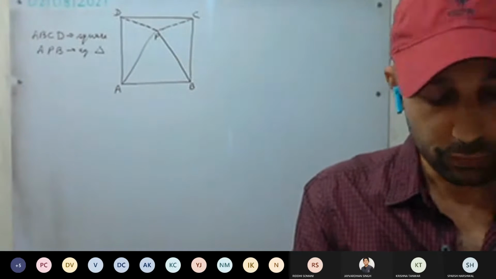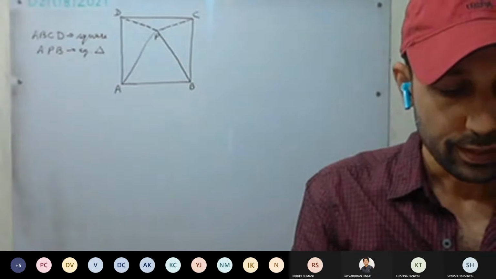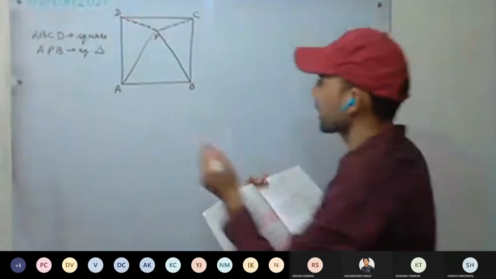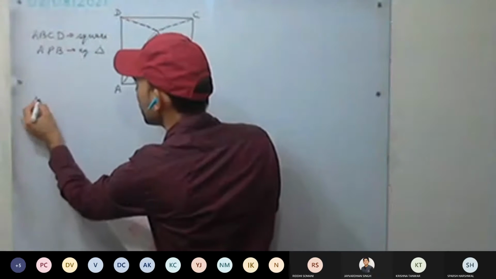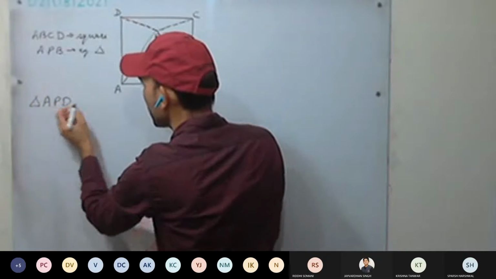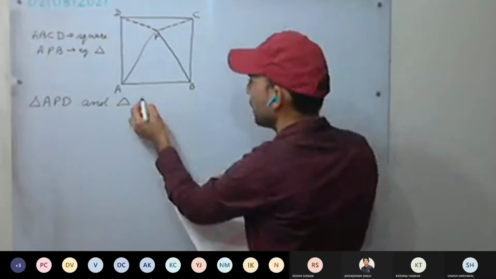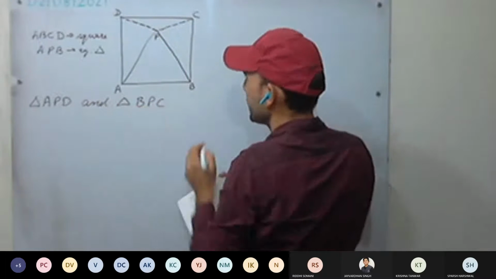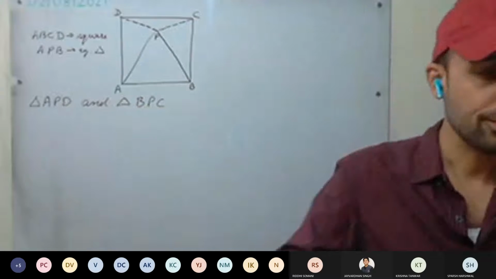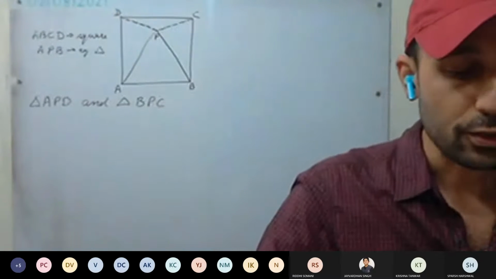In each case, first we are going to prove triangle APD and triangle BPC. These two triangles you have to prove to be congruent.